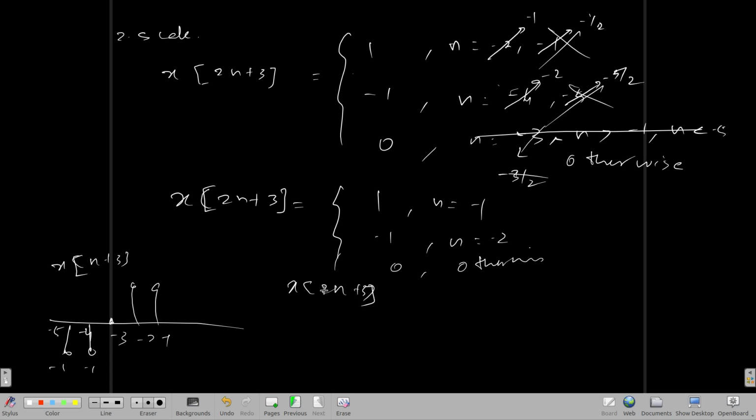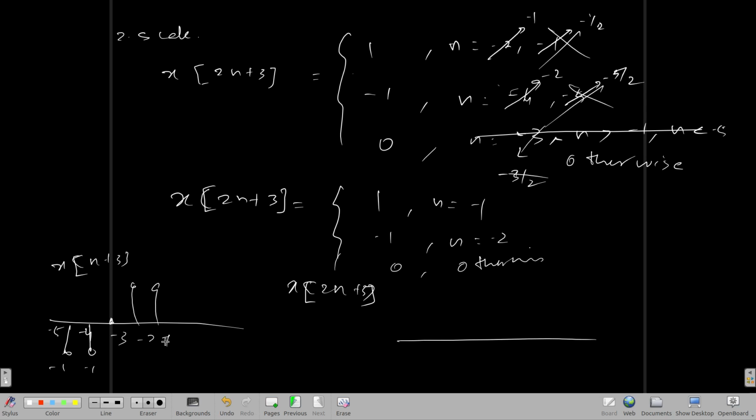So instead of going and finding each and every value by substituting n equal to 0, 1, 2, -1, -2 like that, we can just check from here which values we have, because these are the values that we have as non-zero, right? We don't have any other non-zero values, so we can just directly map it to the new.